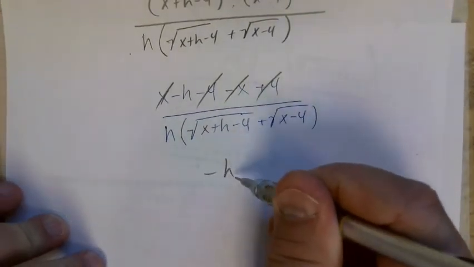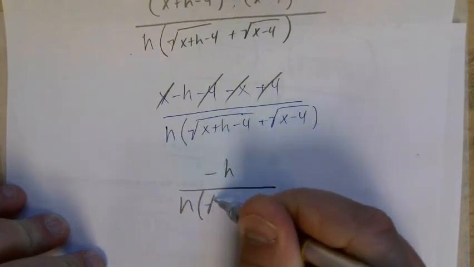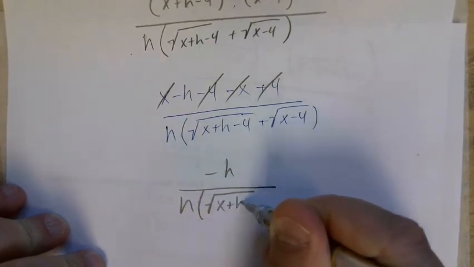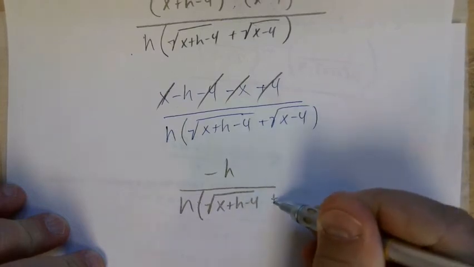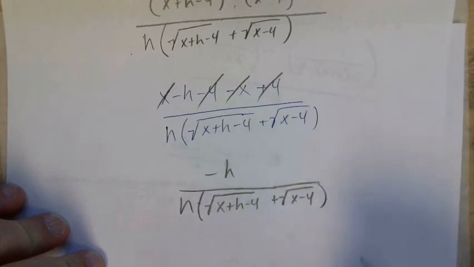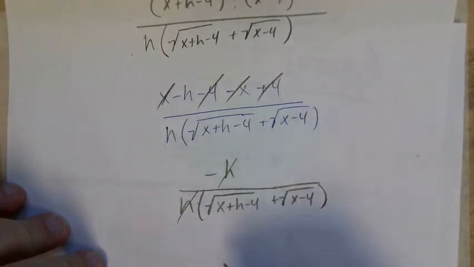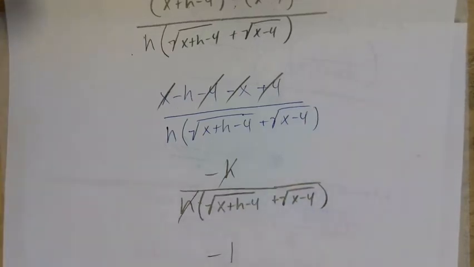So negative h all over h times the square root of x plus h minus 4 plus the square root of x minus 4. H cancels h, and I have a negative on the top. Well, the negative's got to have a number, so negative 1. That's holding the top.